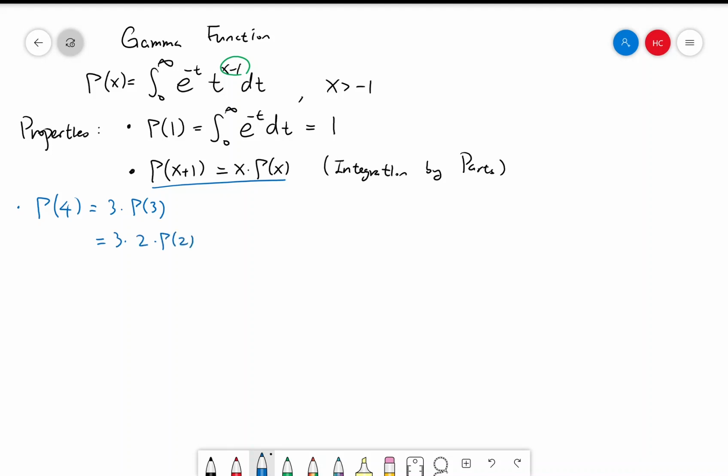And again, this is equal to 3 times 2 times 1 times gamma of 1. But we know gamma of 1 is equal to 1, so this goes away. So this is equal to 3 factorial. And this holds in general. So gamma of n is equal to n minus 1 factorial if n is an integer.